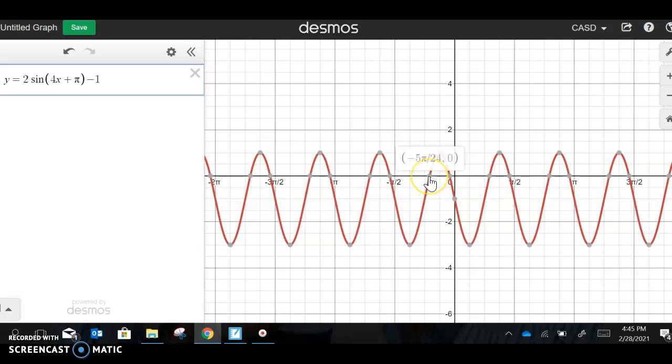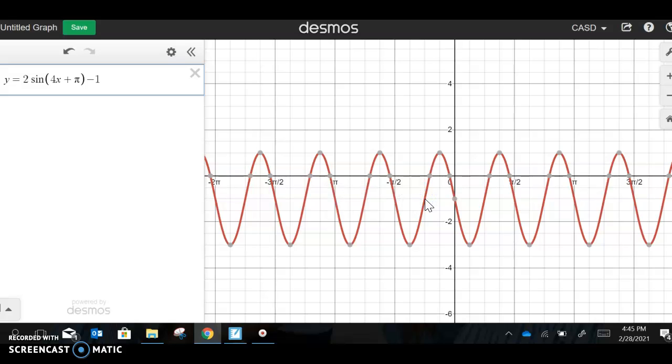Oh yeah, the negative 1. That's where I want to be. Here's where it starts. That's negative pi over 4. Okay, for whatever reason, it's showing me the x-intercepts instead. Here's where it started. Negative pi over 4, negative 1.